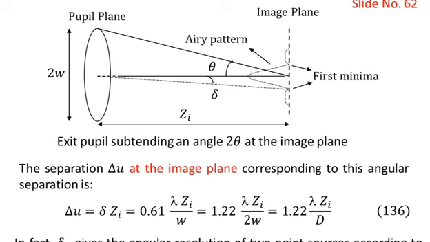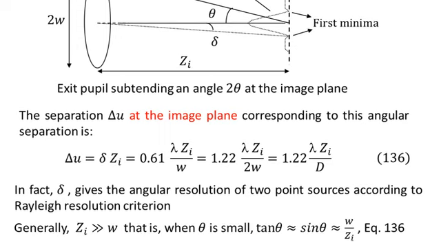On all the steps of the equation, the final result that we have obtained on the right hand side in equation number 136 is delta u is equal to 1.22 lambda zi over capital D.